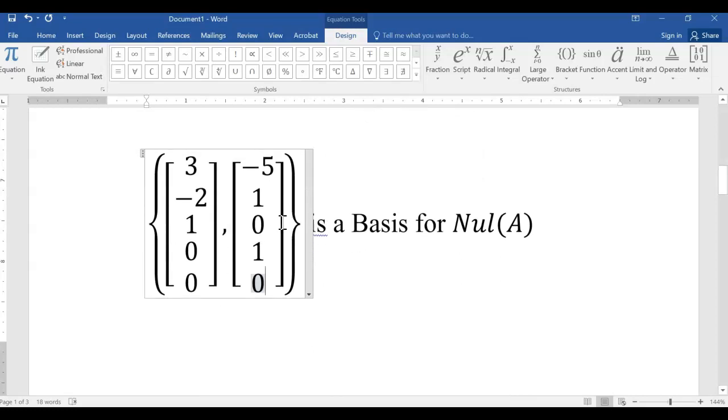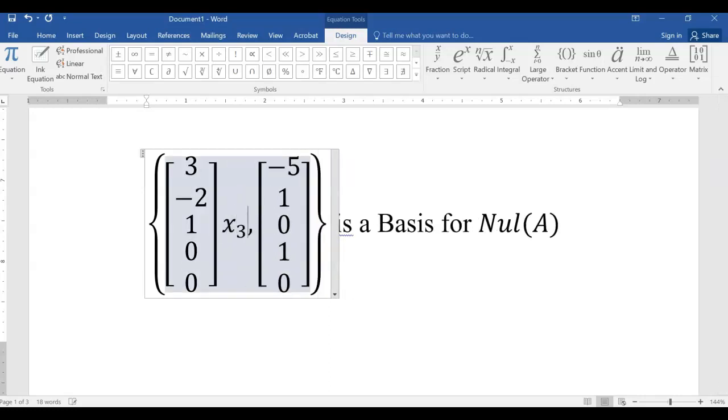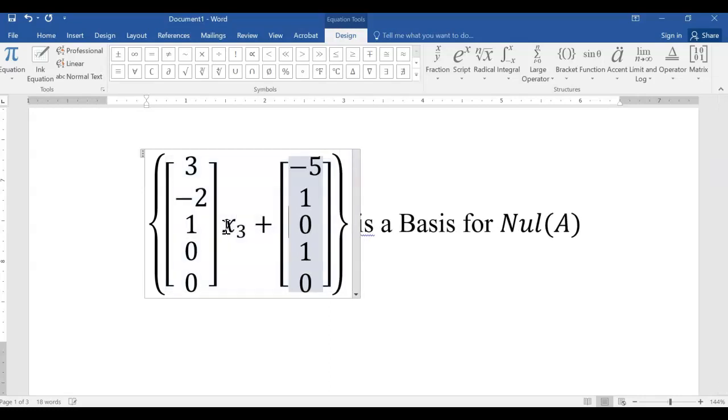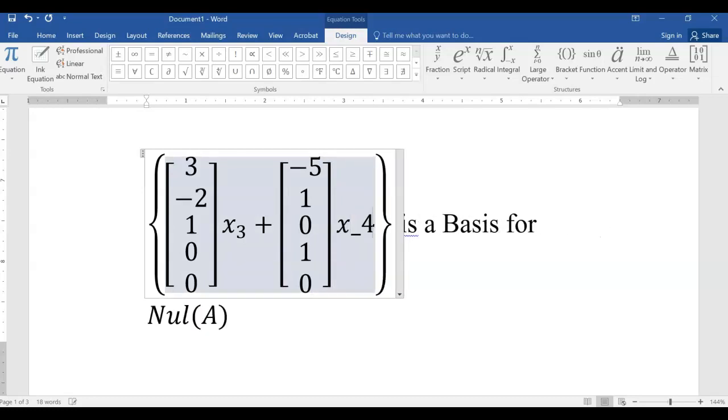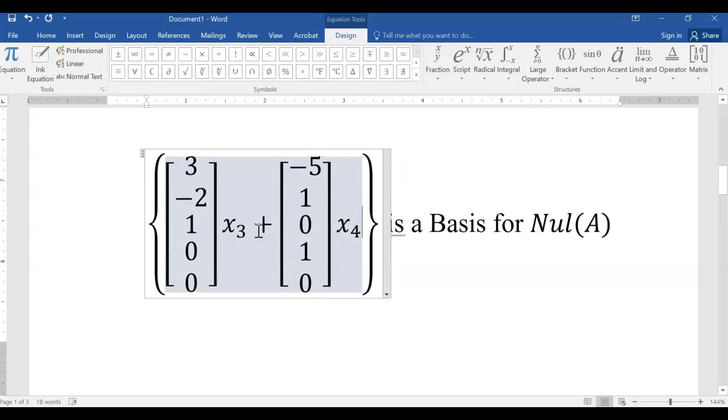Again, these were the vectors that I would have had if I would have used the parametric form of the solution. My parametric form of the solution, let me just write that real quick, would have said x3 times one vector plus x4 times the other vector, right? That's the parametric form of the solution.